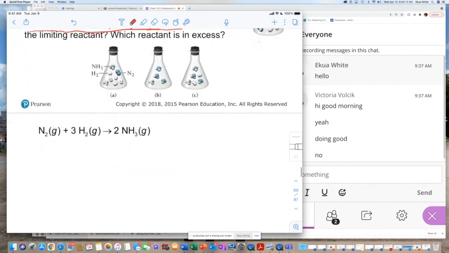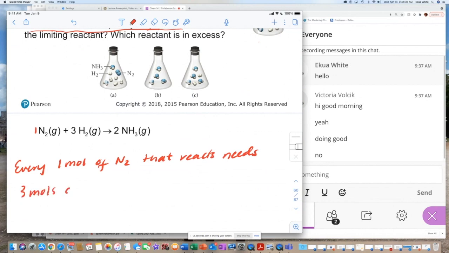Okay, so I'm going to use the units of measurement, which is moles. So every 1 mole of N2 that reacts needs, to be stoichiometrically complete, 3 moles of H2.